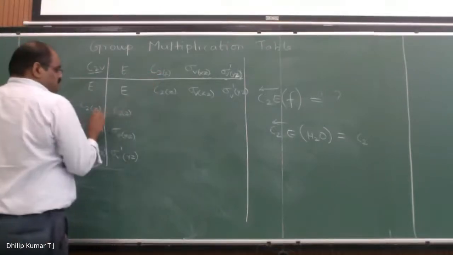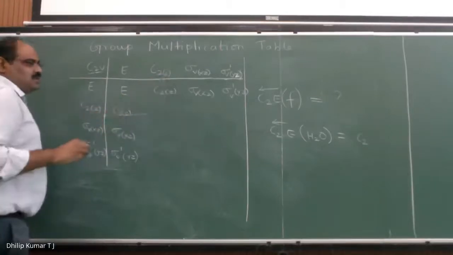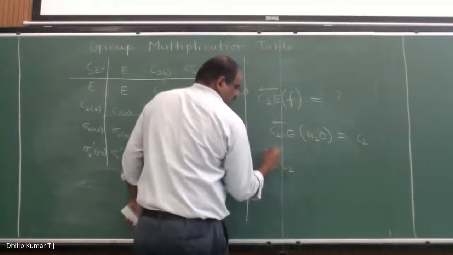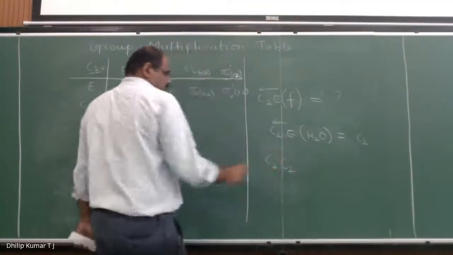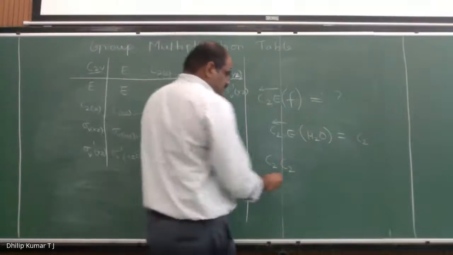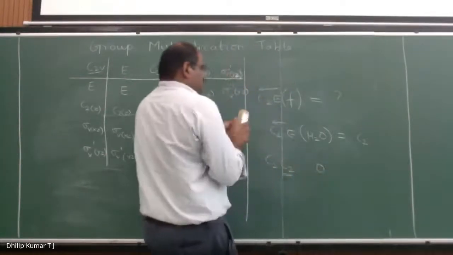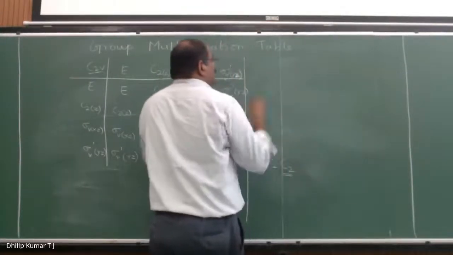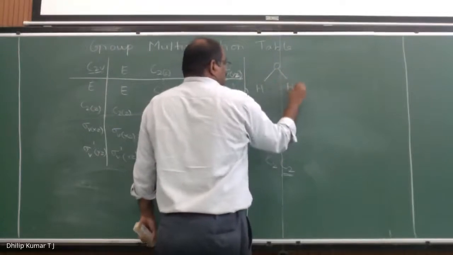If you have to multiply C2 into C2, two C2s we have to perform. As I said, the direction is from this to this. So first let's start with this C2. Take the water molecule and label the hydrogens 1 and 2.